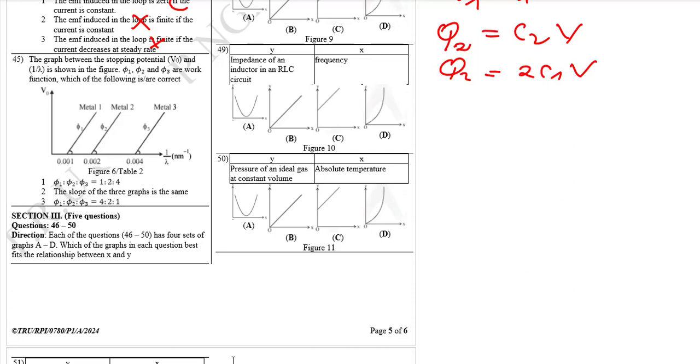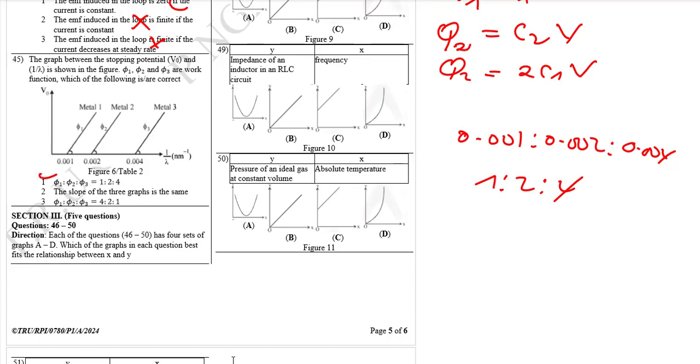Is that true? Their respective work functions are 0.01, 0.02, 0.04. If we take the ratio, that will be 1 is to 2 is to 4.